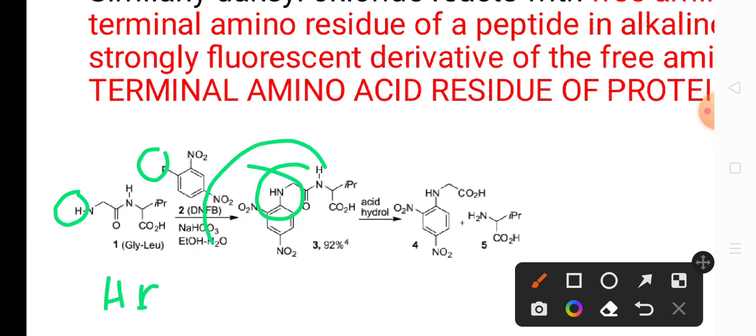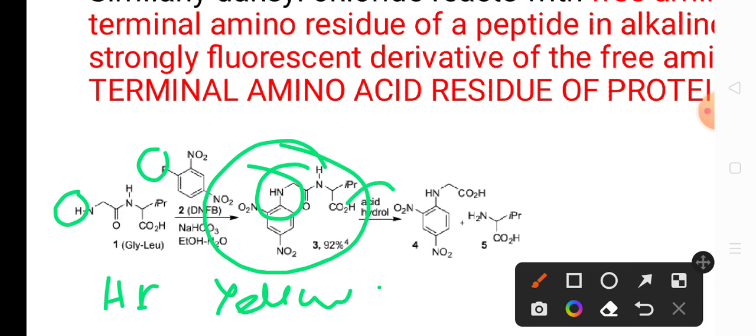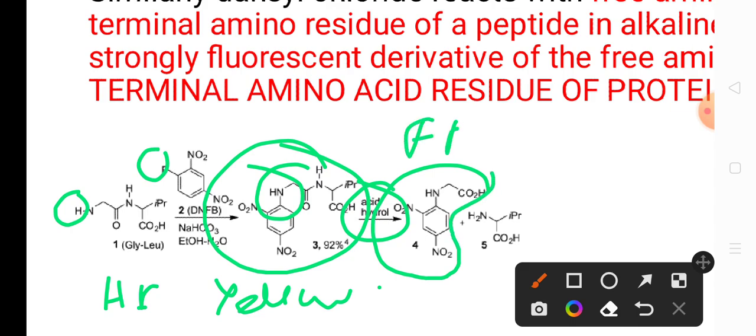So this is the complex that we call the yellow dinitrophenyl derivative, right? Then by acid hydrolysis, we can remove the FDNB-containing N-terminal amino acid. So that is the idea of how it can be done.